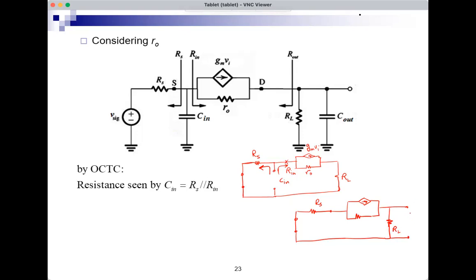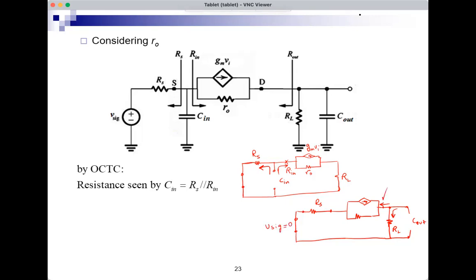So when you want to find the resistance seen by Cout, which is here, this is Cout, RL is still connected. So the resistance seen by Cout would be this RL in parallel with whatever I see looking back into the drain of the MOSFET with Rs connected and Vsig equals 0.